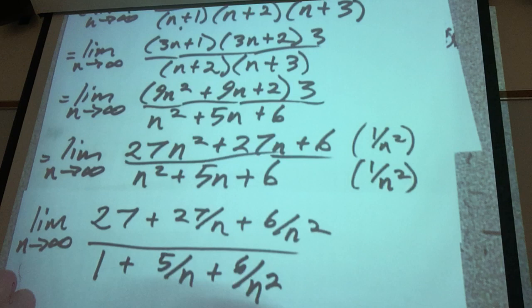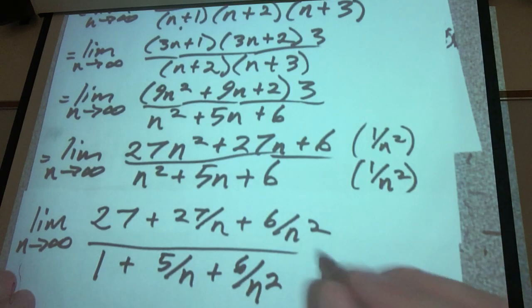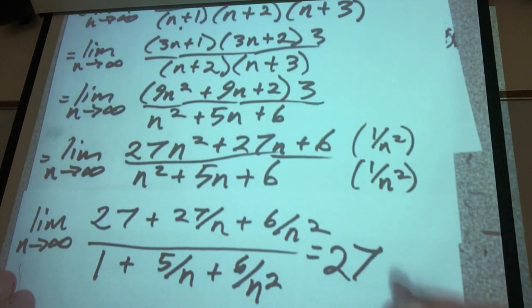Well, all these terms go to 0. That's going to equal 27, which is greater than 1.